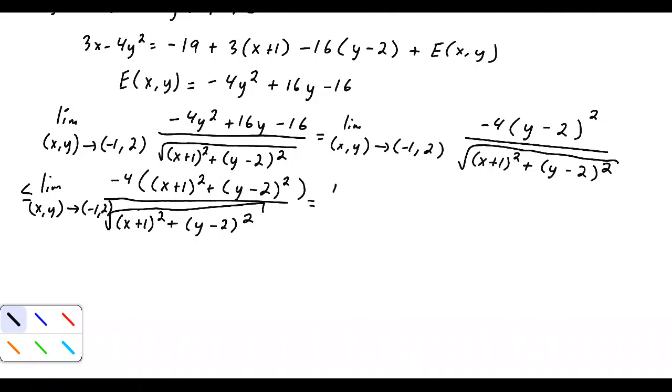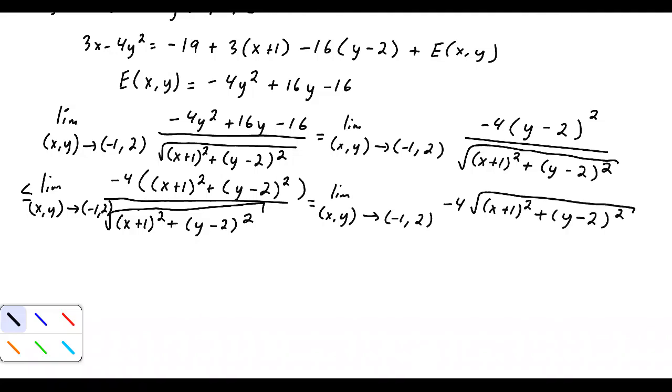That is equal to the limit as (x,y) approaches the point (-1, 2) of -4 times the square root of the quantity (x + 1)² + (y - 2)². And that limit is equal to 0, which shows that the function f(x,y) is differentiable at that point, (-1, 2).